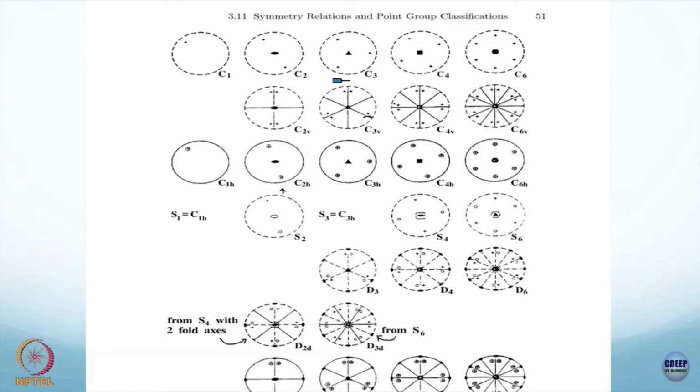S6 again will be similar, but with 6-fold axis symmetry. And D3 I have already discussed, and then you can also have diagonal planes, which is what is being discussed here. I will leave it to you to check some of these things and play around a bit.